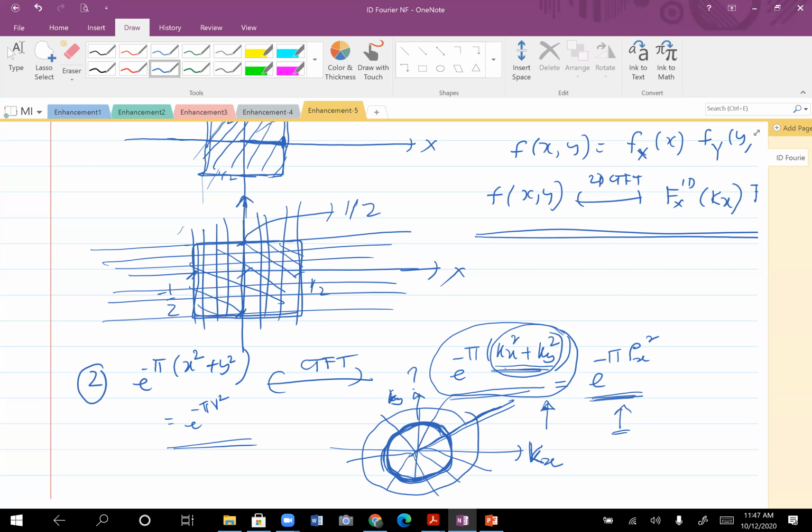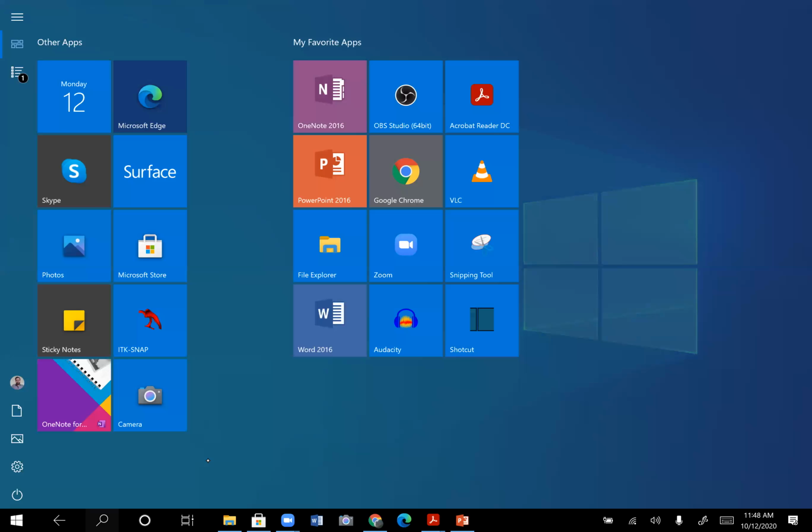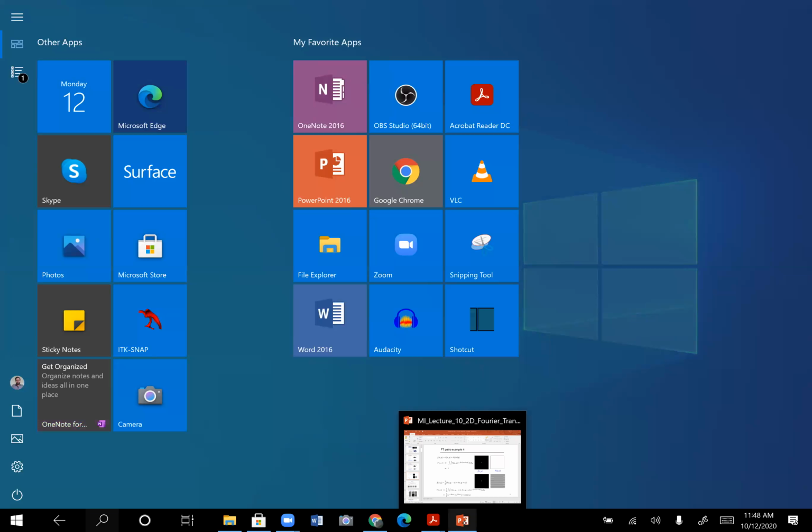Good. Another interesting thing you could observe is that for a radially symmetric function, the Fourier transform of that function will also be radially symmetric. This is a very important property, for the simple reason that while you are computing, you could simply compute its value in just the 1D case.